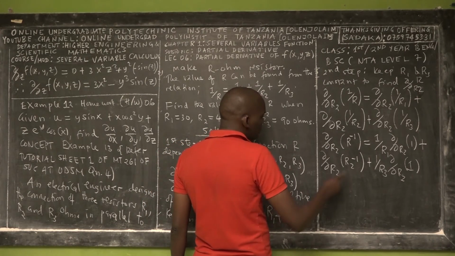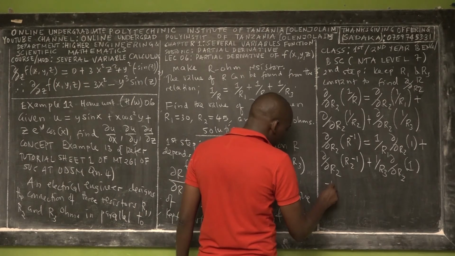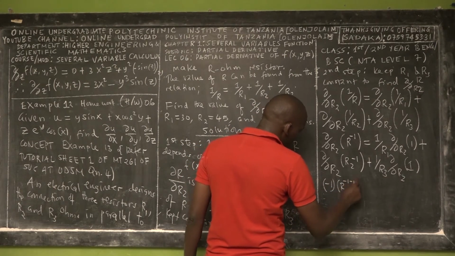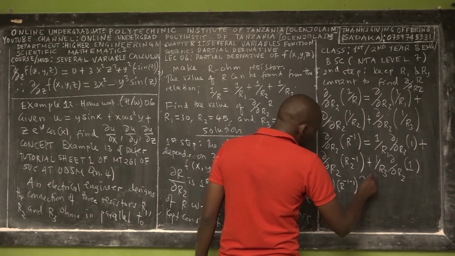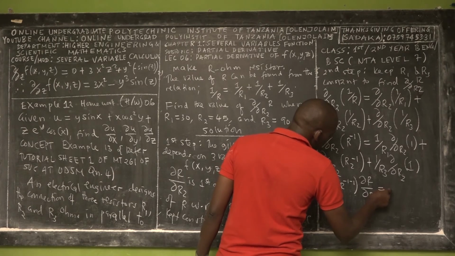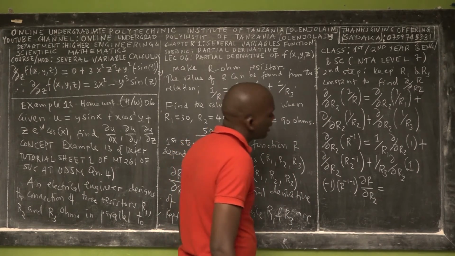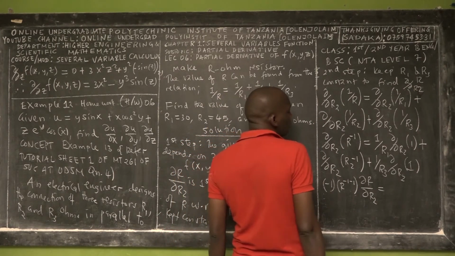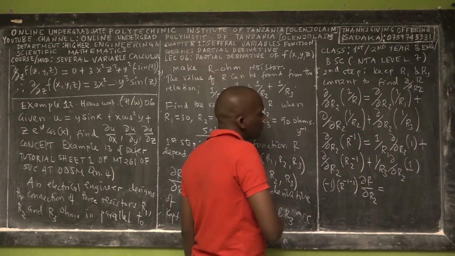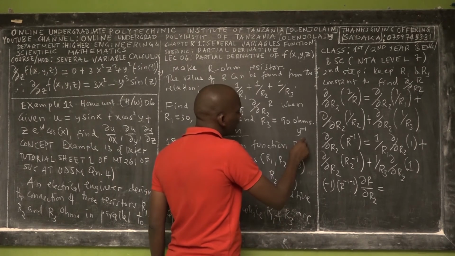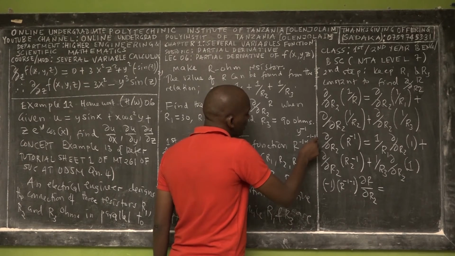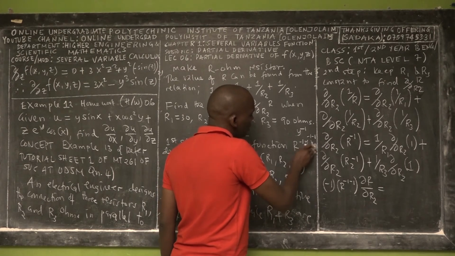Listen carefully. Differentiating this term, we have negative 1, then R to the power negative 1 minus 1, then the partial of R with respect to R2, just like what you used to do when differentiating y to the power negative 1 with respect to y. Negative 1 comes here, then y to the power negative 2, but we still have dy/dx.